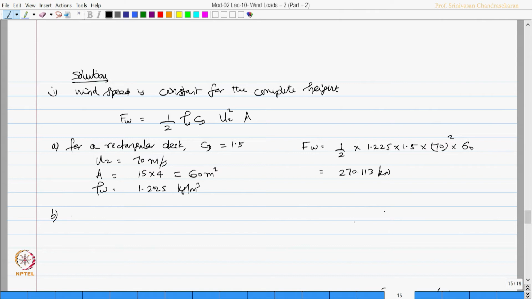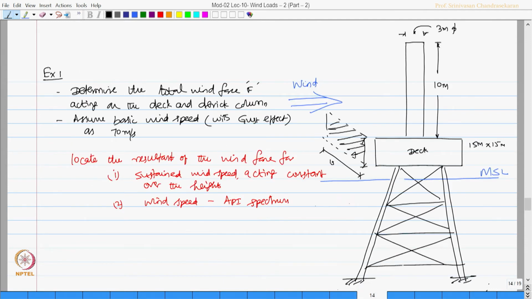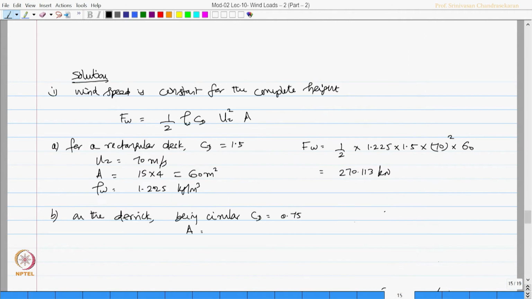Now, on the derrick, being circular, CD is 0.75 and area, if you look at this figure, diameter is 3 meter, height is 10 meter. So, area is going to be 10 into 3, 30 square meters.